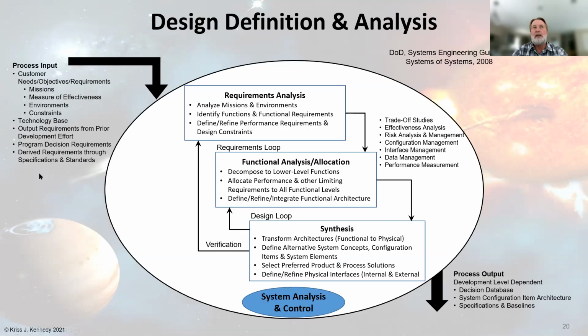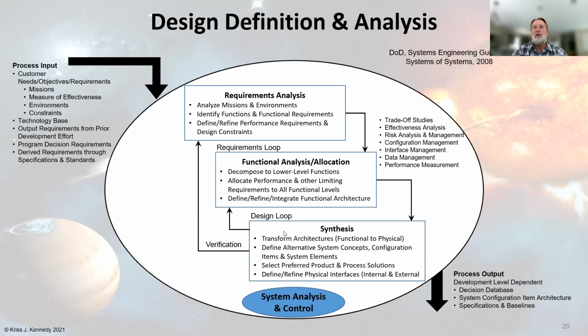So the design and definition process looks like this. We talked about the inputs: the customer, technology, requirements, decision making, and so on. You get into that requirements analysis activity, which covers analyzing the mission, the environments, the functions, the performance requirements, and design constraints. Then you get into the functional analysis and allocation, the requirements loop, and then synthesizing.